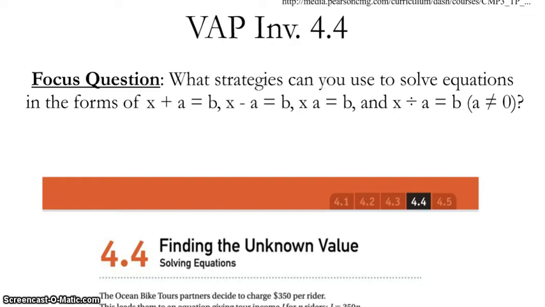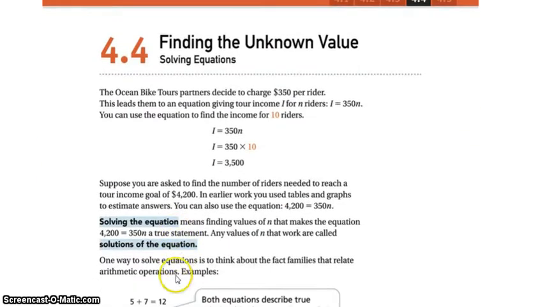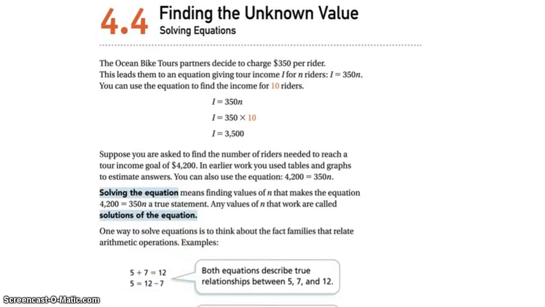Before we do that, though, I want to go over what solving the equation versus solutions of the equation really mean. Solving the equation means that we are finding values of the variable that would make the equation true. In this example, n is our variable.